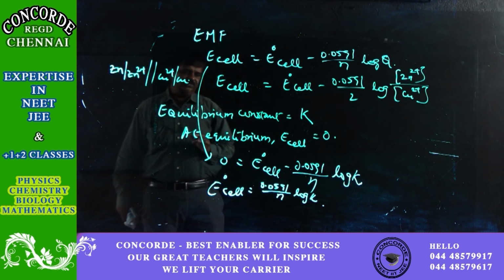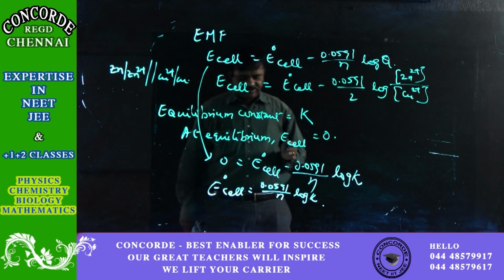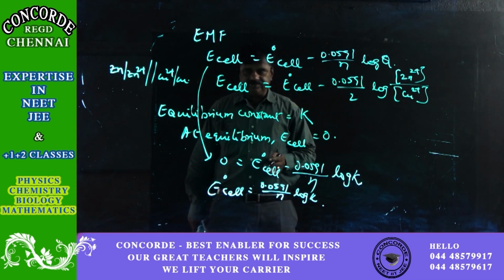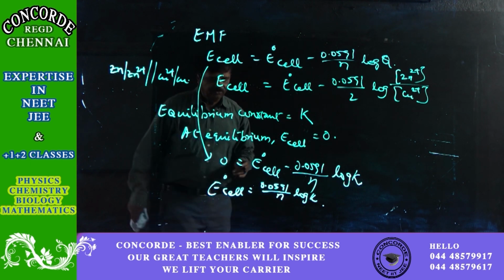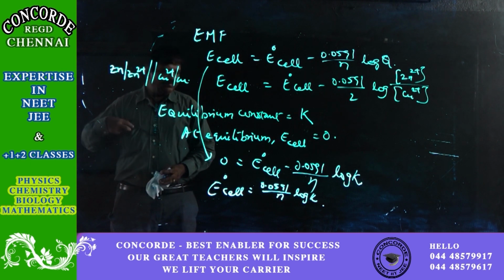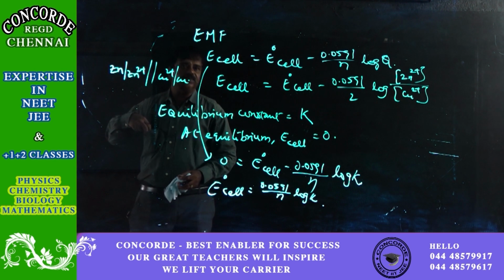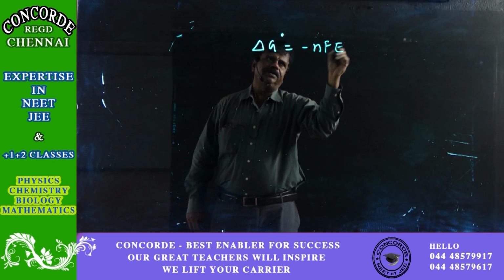Whenever we say free energy, that is G, isn't it? G is the change in free energy. We can easily find out the standard free energy change using nF E naught.